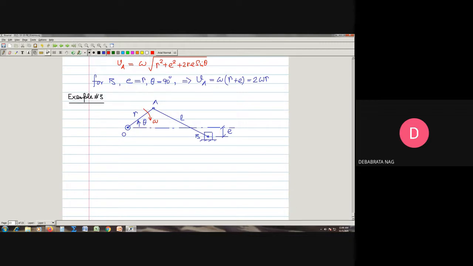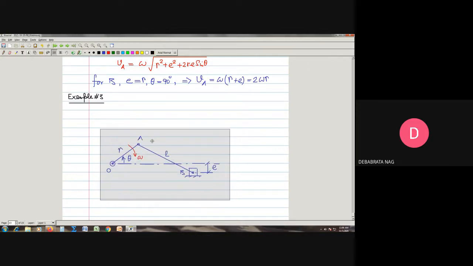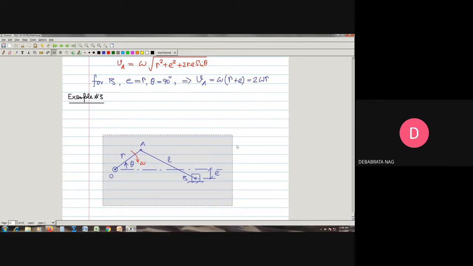In order to do this analysis, let us take this a little bit downward, this way. If all these dimensions are known, our problem is to find the velocity of point B, the velocity of slider or piston B. We can find it out by the instantaneous center method.